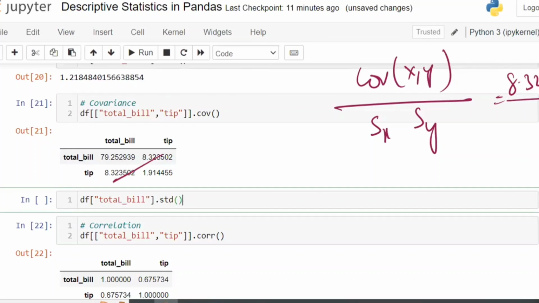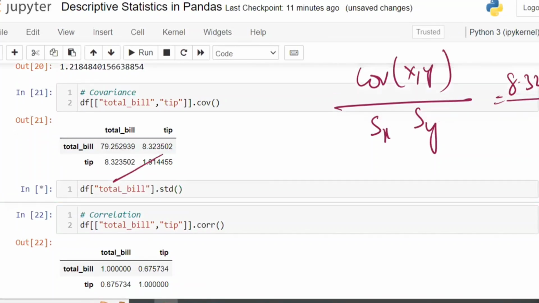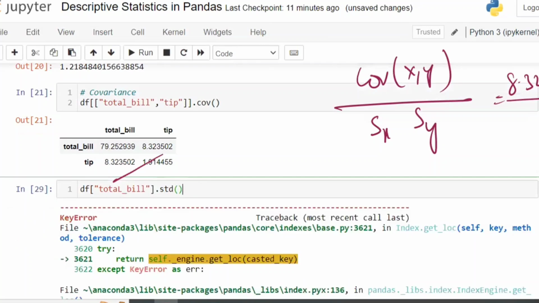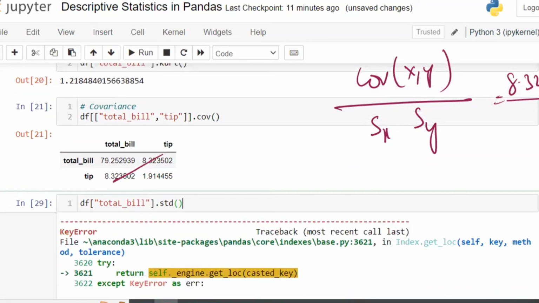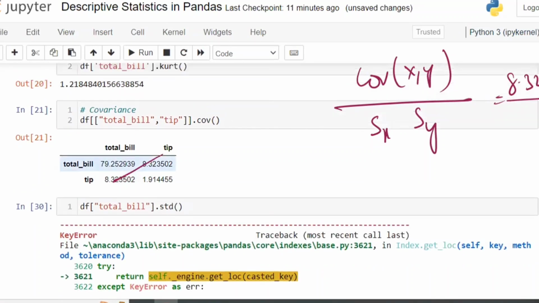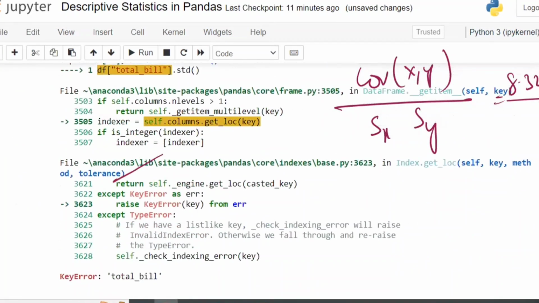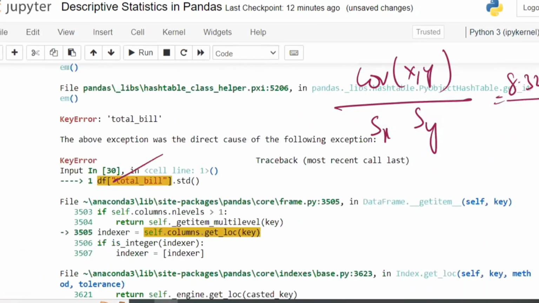Okay, just calculate the standard deviation. So, what is this? df of total bill. Key error, total bill is not available. Why?